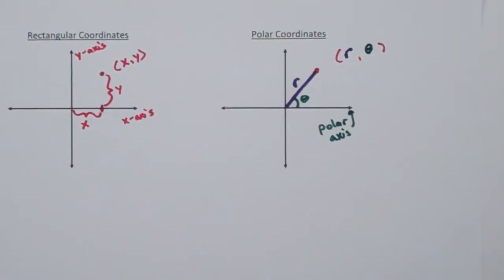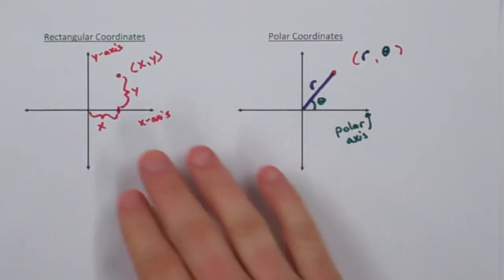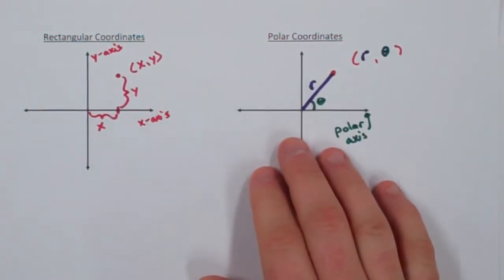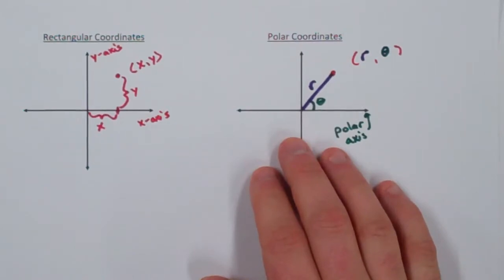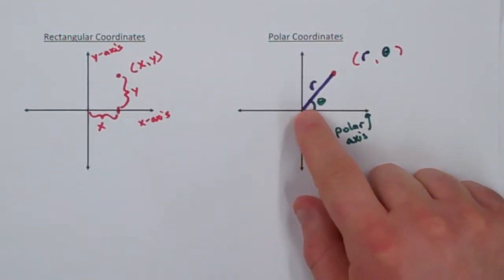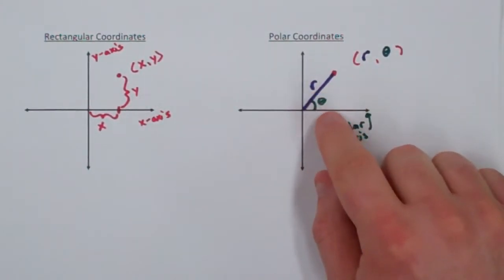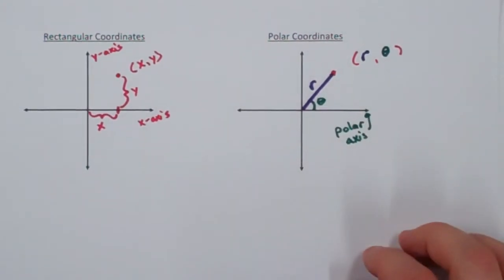So we've got our old coordinate system, rectangular coordinates, and the new coordinate system is, instead of left, right, up, down, how far away from the center, also called the pole, and then the angle between the polar axis and that point.